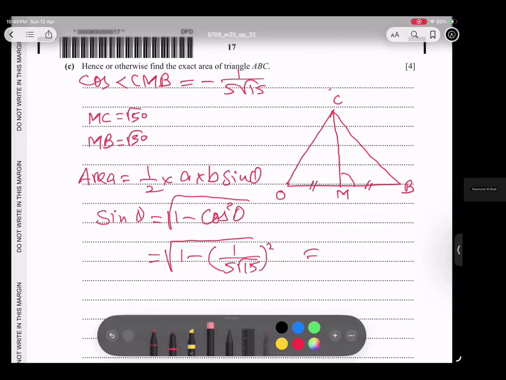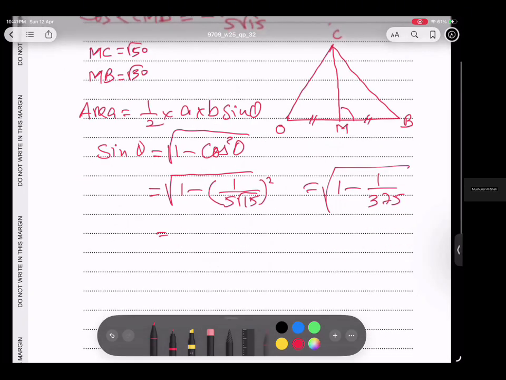This is without power 2. So it means, students, with power 2 we get what I wrote. So 1 minus 1 over 375 under the root. And when I subtract, I get 374 over 375. This is the value of sine theta.